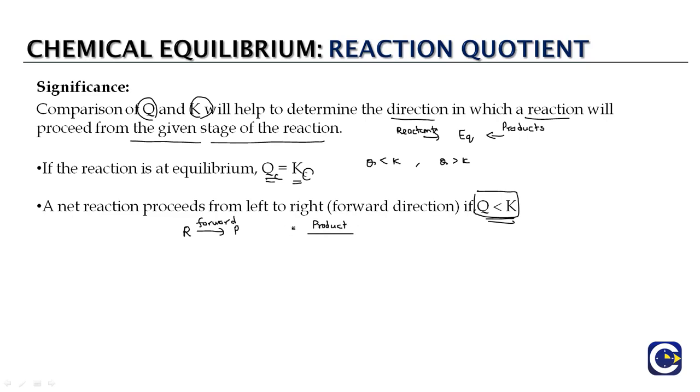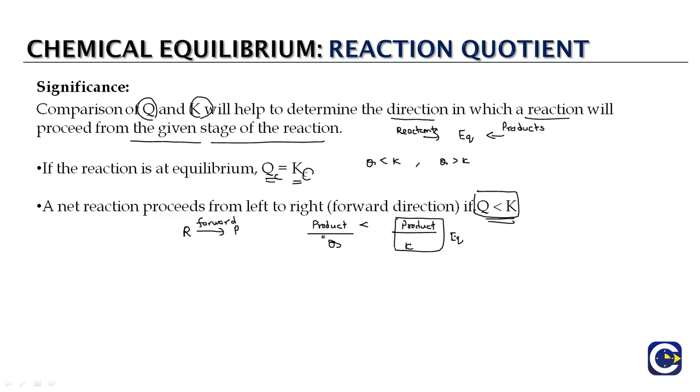Now if the value of Q is less than K, it would mean that the proportion of product at that given stage is lesser than the proportion of the product at the equilibrium stage.